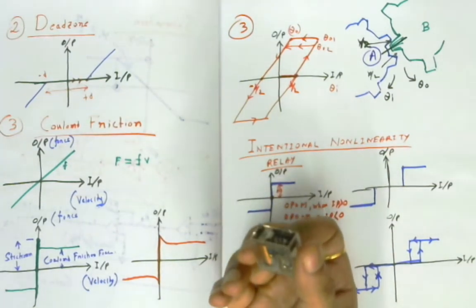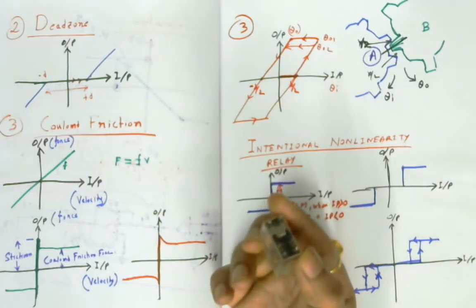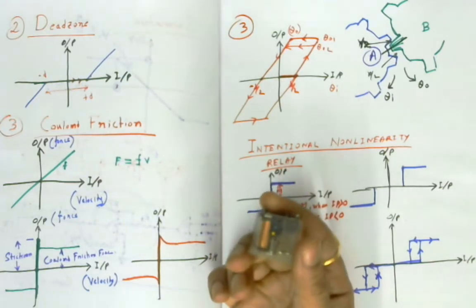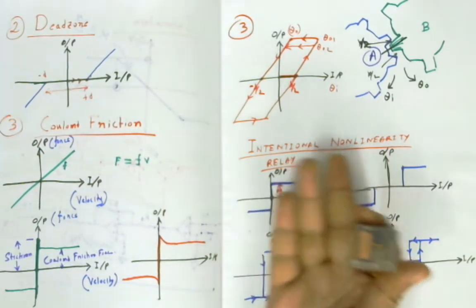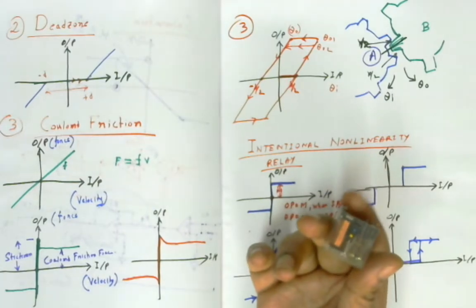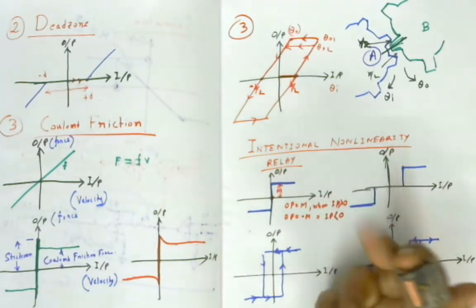Now, what is the purpose of the relay? The coil is energized from the microprocessor or microcontroller, such that when the control signal is applied, the relay coil energizing current is my input.